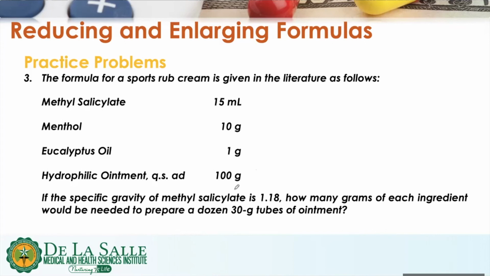Now, take note that the amount of the sports rub cream, as specified in the formulation, is 100 grams. Because when you see this symbol QS add, it means enough quantity to make. So each sports rub cream stated in this formulation would weigh 100 grams.